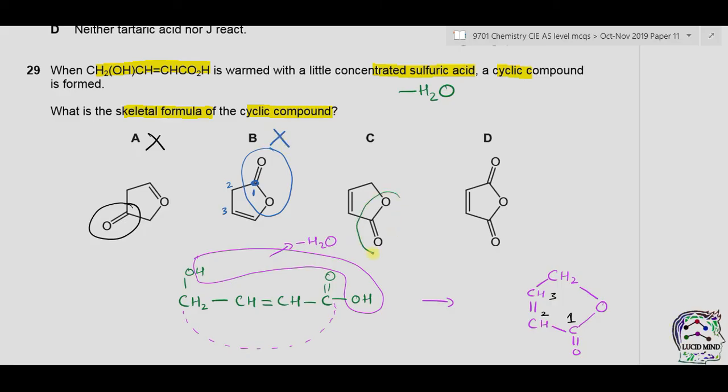In C we have this one as the carboxylic acid carbon, so if it is 1 then the double bond is present between second and third. This is correct. And in total we have 4 carbon atoms, so C could be the correct option. In D we have 1 carboxylic acid and 1 ketone, which is not possible. The answer is therefore C.